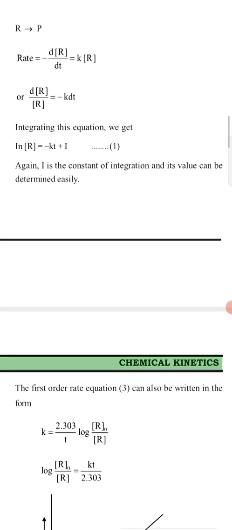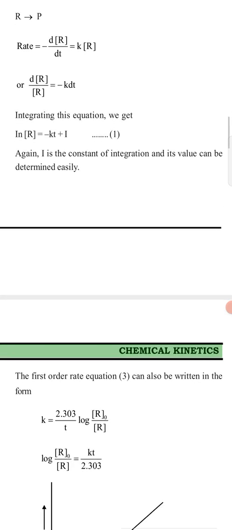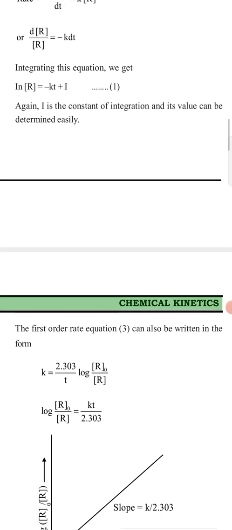So I equals ln R0. If we convert it into log, then 2.303 will come.